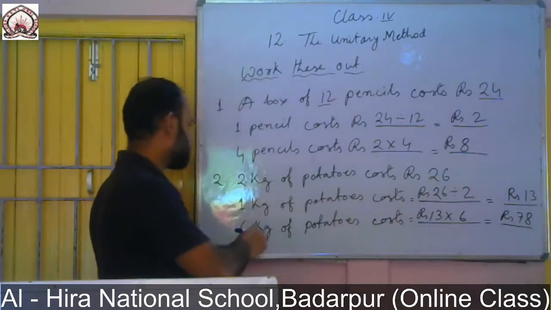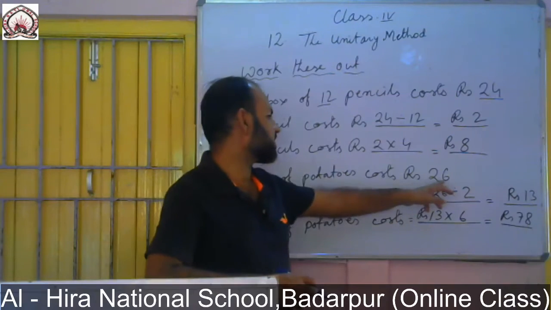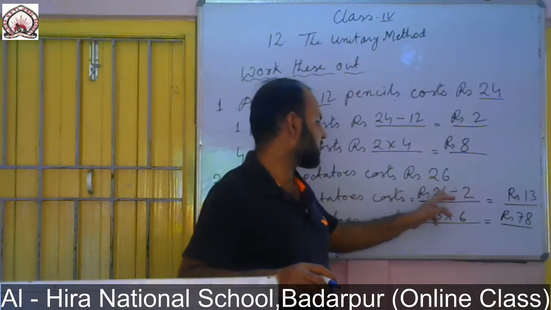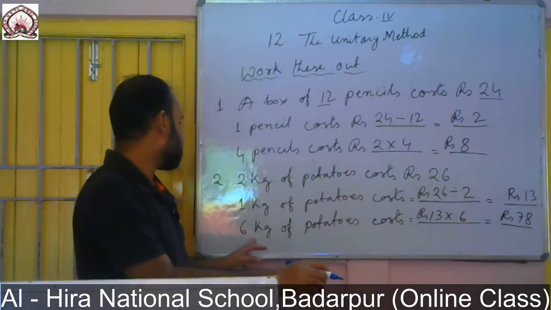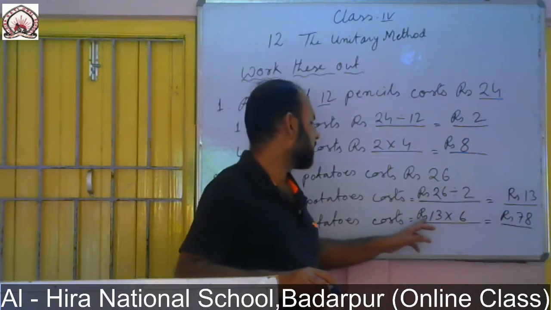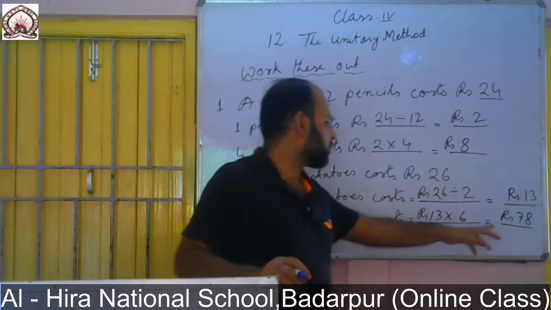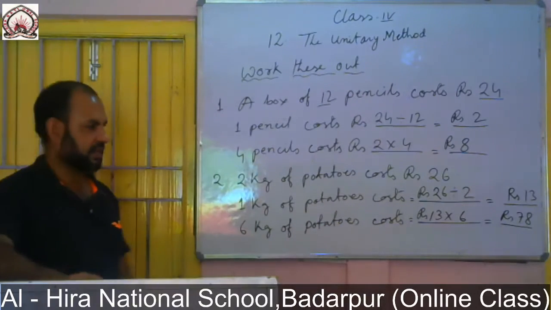So if 2 kg potatoes cost 26, 1 kg potatoes cost 26 divided by 2 equal to rupees 13, and 6 kg potatoes cost rupees 13 into 6 equal to rupees 78.